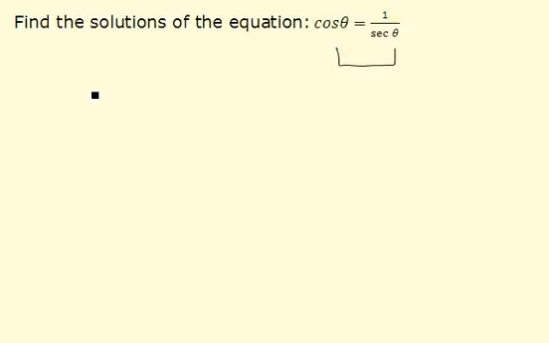Therefore, we're looking for places where the secant of theta is equal to 0. Secant of theta is equal to 0 or has asymptotes at pi over 2 plus every n pi for any integer n.